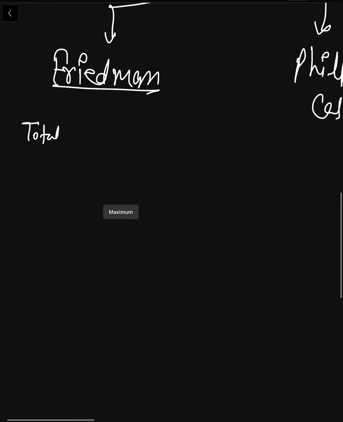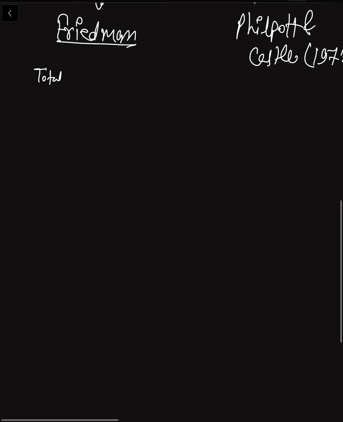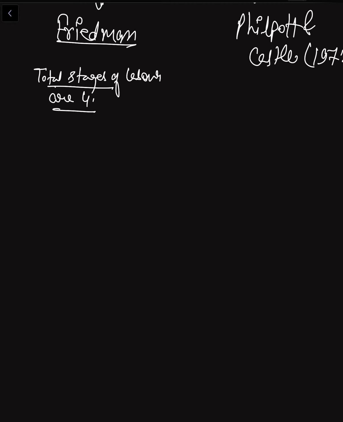Total stages of labor are 4, in which Friedman divided the first stage into two phases: latent phase and active phase.